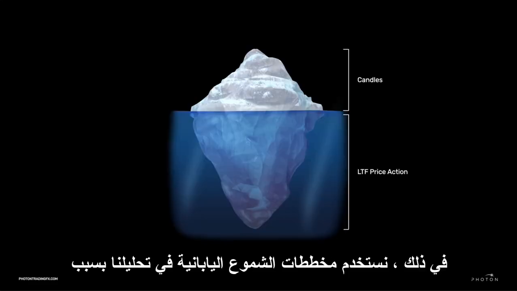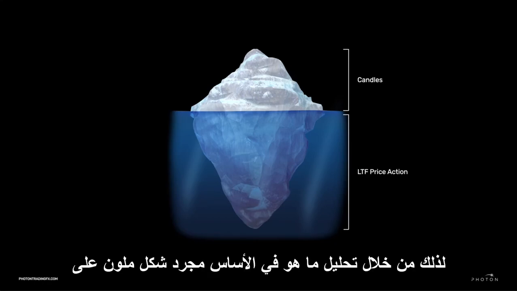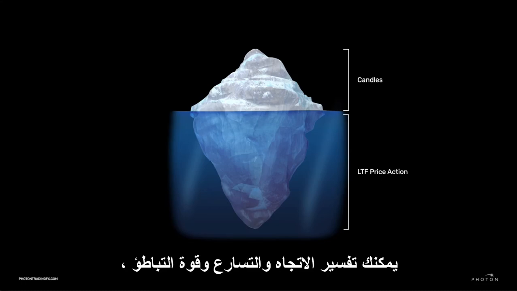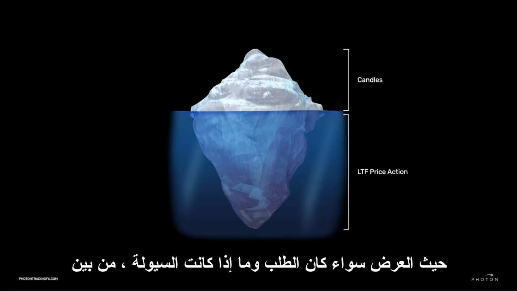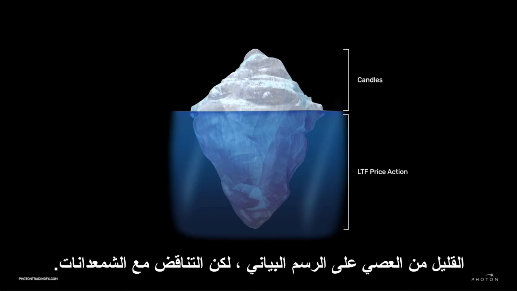Now, the reason that we use candlestick charts in our analysis is due to their unique ability to condense a vast amount of information into a small, neat, and manageable graphic display. So by analyzing what is essentially just a colored shape on your screen, you can interpret tons of stuff. You can interpret direction, acceleration, deceleration, strength, weakness, choppiness, where there's supply, where there's demand, and where there is liquidity, amongst many other things within the market, all just from analyzing candlesticks on a chart.